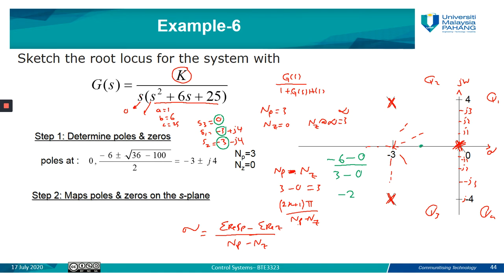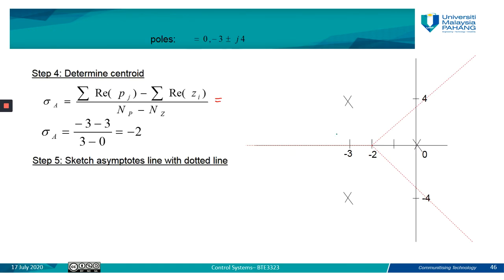From this point, we are going to draw 3 asymptotes. One with an angle of 60, one with an angle of -60, one with an angle of 180. So these will be the asymptote lines. If we return here, we can see these are the asymptote lines.